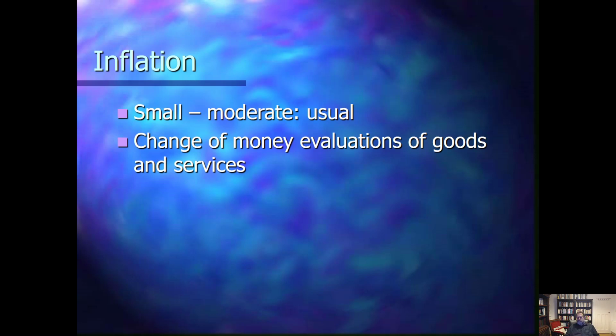So the usual case is that there is some small or moderate level of inflation in the economy. More recently, typical central banks in developed countries aimed for about 2% annual inflation. Now, the inflation represents how the prices of goods and services in money terms are changing. So how much more expensive in money terms the goods and services become over time, over a year.